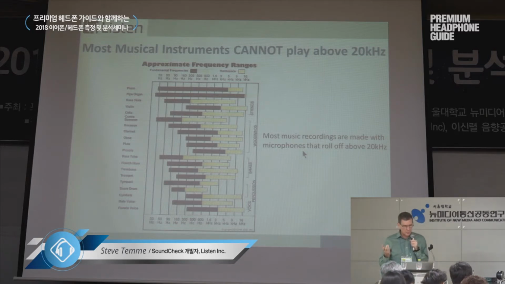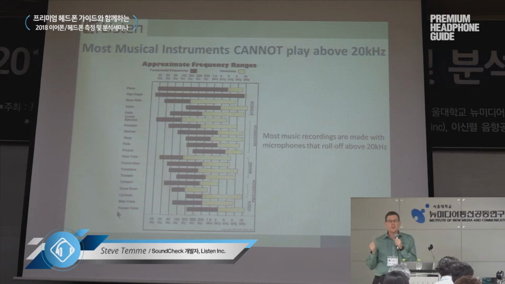But let's face it, if there's a microphone involved in music, not only is the microphone rolling off, but the musical instruments will have some harmonics that may go out to 16 kilohertz or slightly above. In fact, female voice, interestingly enough, is one of the few things that goes out to almost 20 kilohertz. But the vast majority of at least acoustic instruments do not go beyond 20 kilohertz. There is no real energy above 20 kilohertz that you can measure.